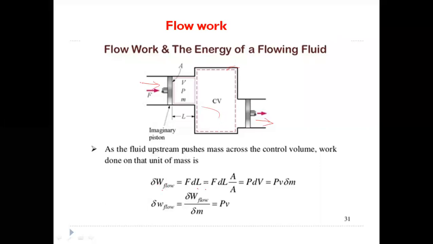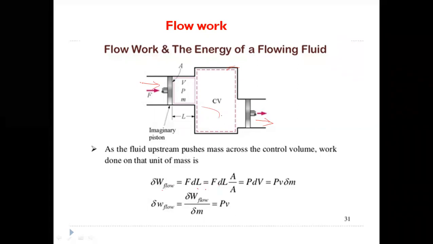If you write it in terms of area, we can multiply and divide with area so that the value will not change. Area into DL can be written as volume, and force per area is pressure. So delta W, the work done, is P into dV.